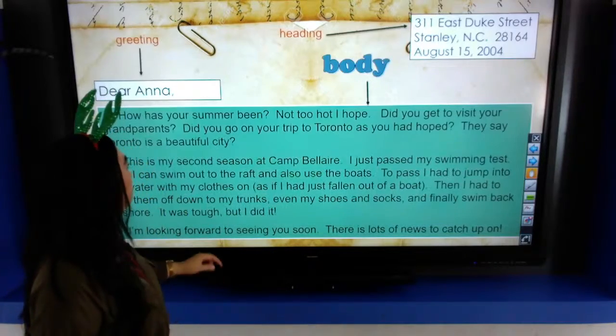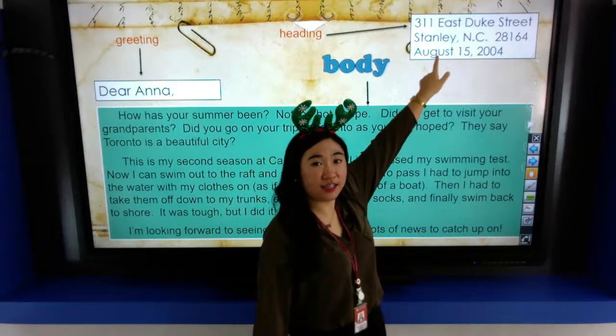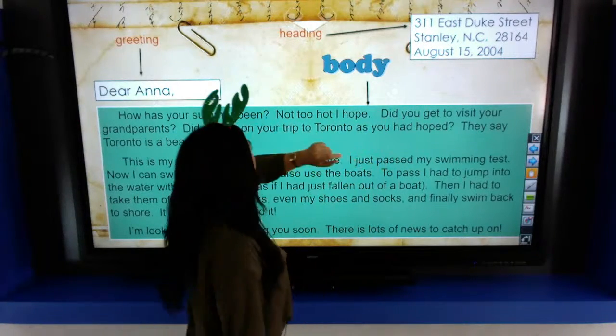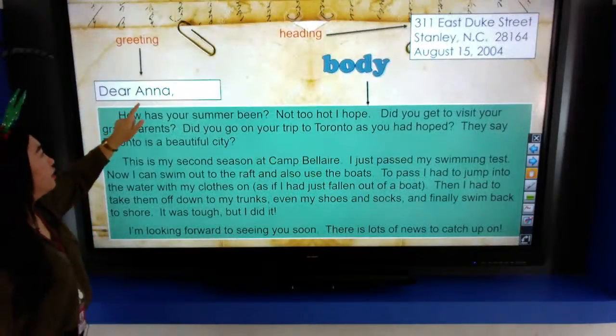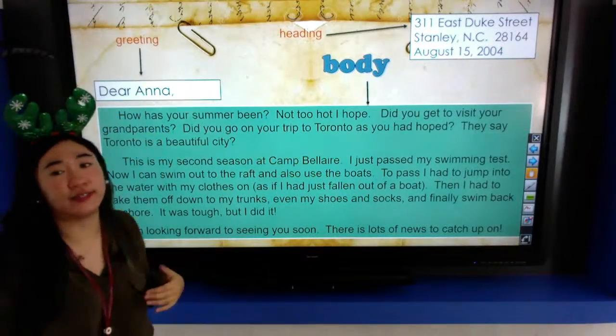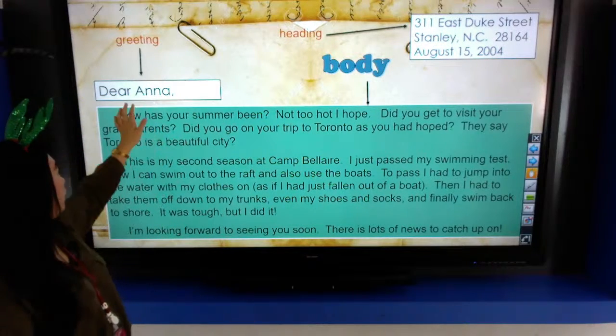Okay. Example, this one. Again, what do you call this one? This is the heading. Next, this one is the greetings. The one who will receive the letter, or the one that you're sending the letter to. So this is the greeting.